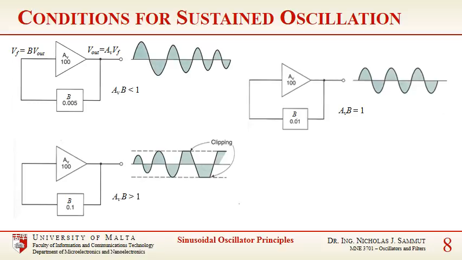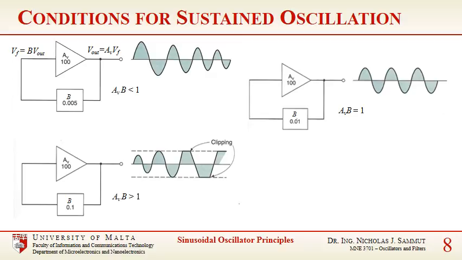On the top left, you see that if you've got an attenuation B of 0.005 and a gain of 100, the oscillations will slowly die out.